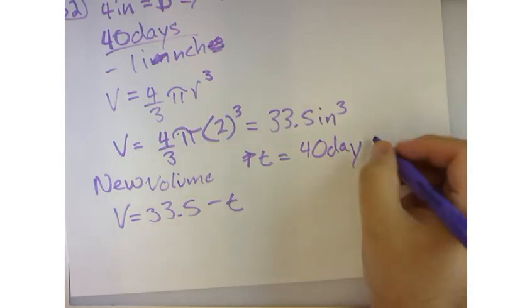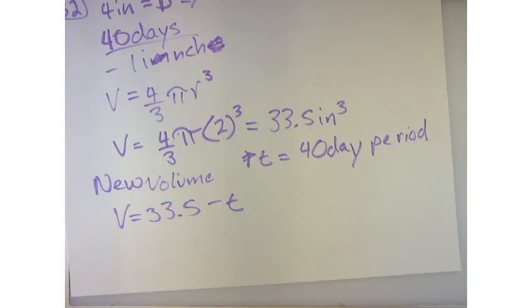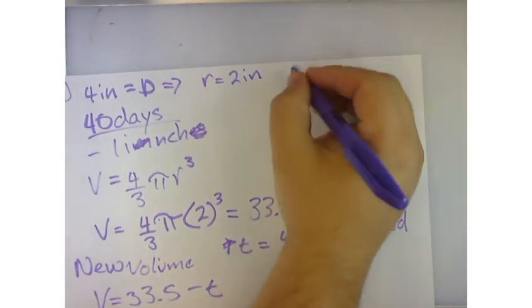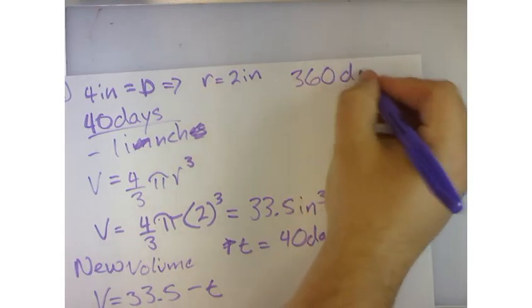So we'll say 40-day periods where it loses 1 inch. One thing I forgot to write down is he left it in the freezer 360 days.